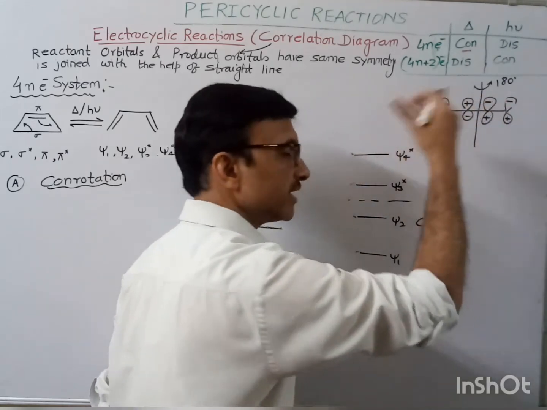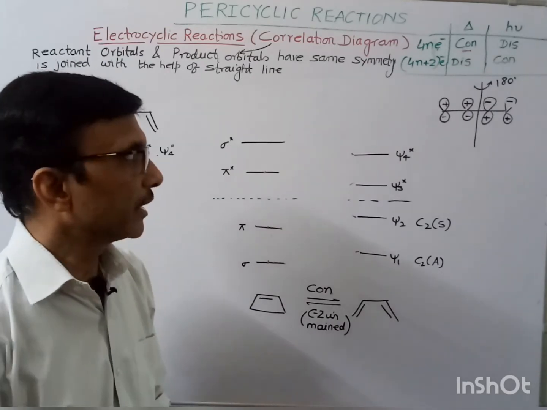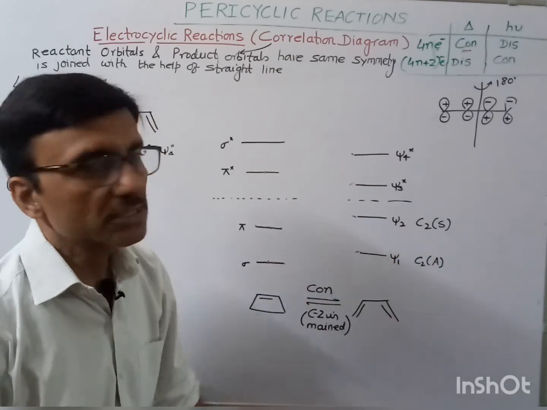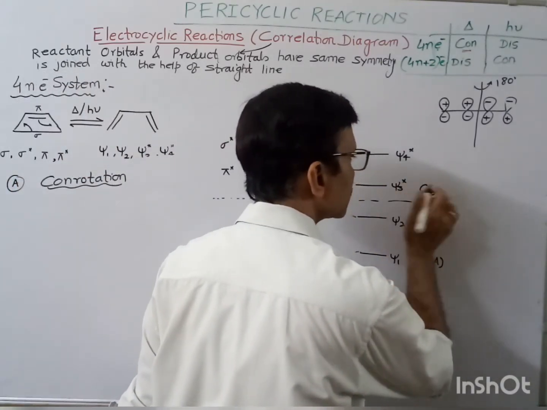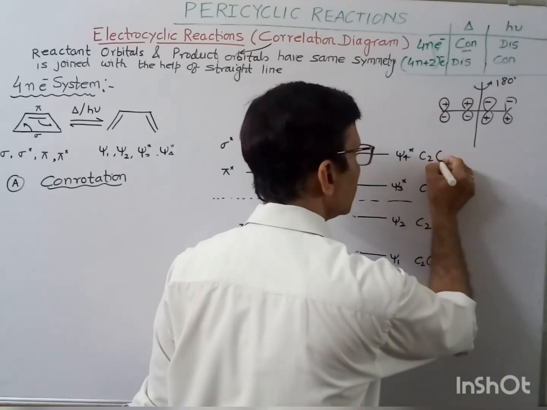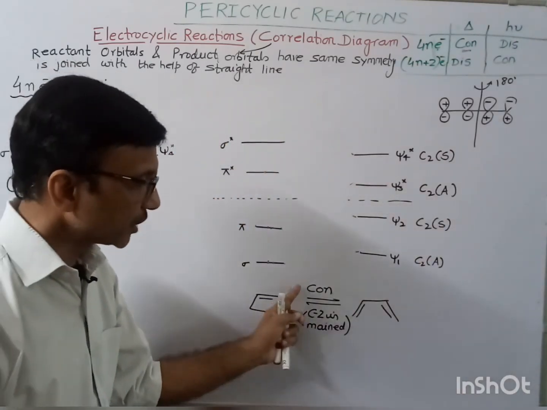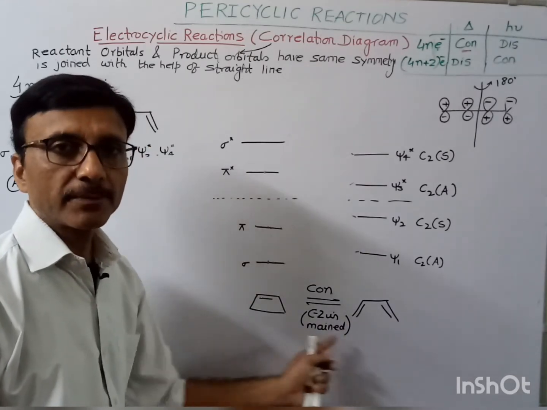So you will get the same molecular orbital after rotation at an angle of 180 degrees. That's why C2 is symmetric. In the same way, psi 3 star is antisymmetric, and psi 4 star is symmetric with respect to C2. So during conrotation, only C2 is maintained in reactant and product.